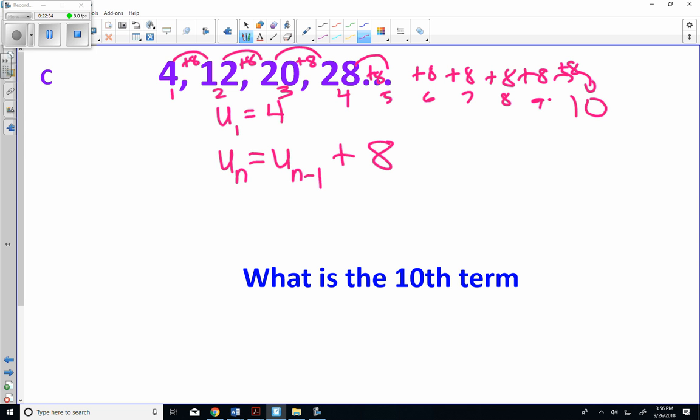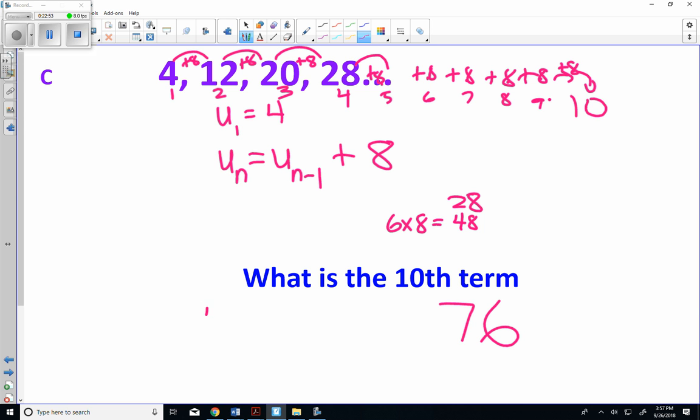How many more 8s did we have to add? 1, 2, 3, 4, 5, 6. And 48, because 6 times 8 equals 48, plus 28, which you started with, that is 76.